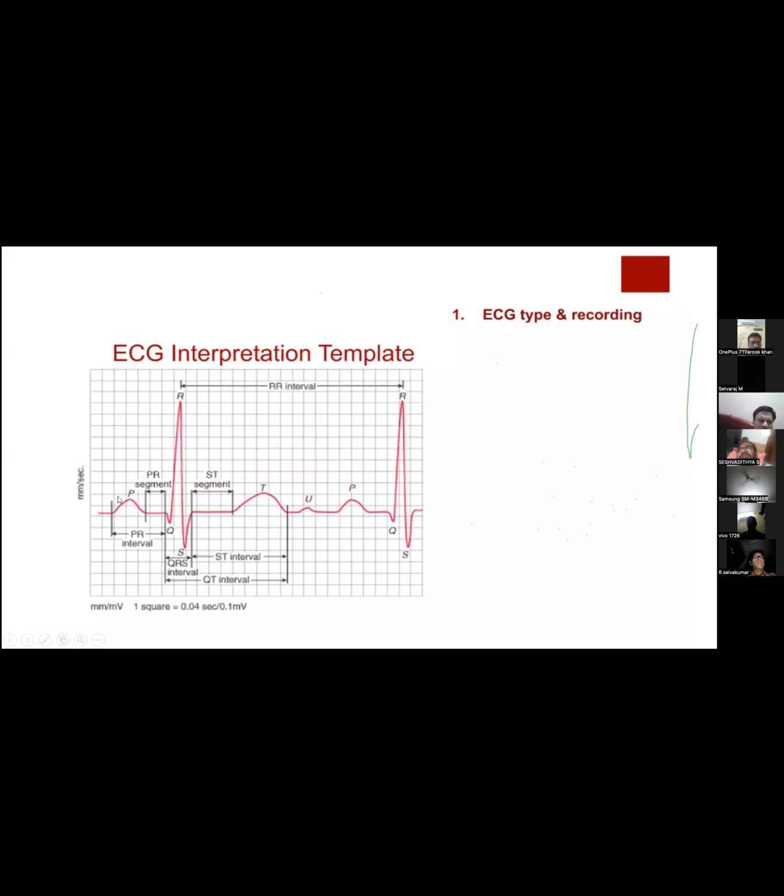See here the PR interval, from P to the QRS complex, is approximately up to 5 small squares, that is up to 200 milliseconds or 0.2 seconds. The PR interval is measured from the beginning of P to the beginning of Q or R, whichever is earlier. And you will see that 5 small squares make around 200 milliseconds. So every small square is 0.04 seconds, right?